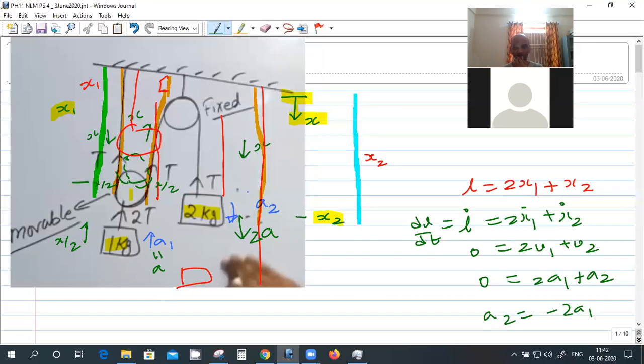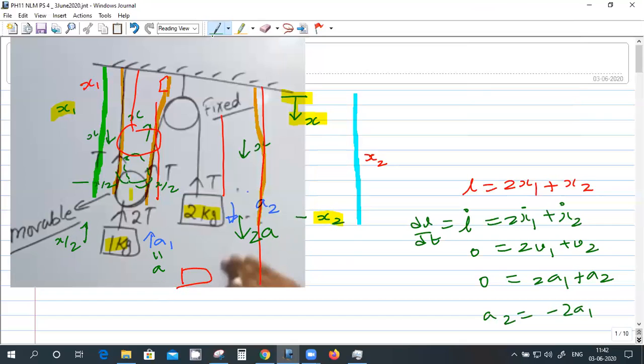Now we can write the free body diagrams of the 1 kg and 2 kg and get the answer. The important step in this problem is to relate the accelerations of the two blocks. Now we know how to proceed.